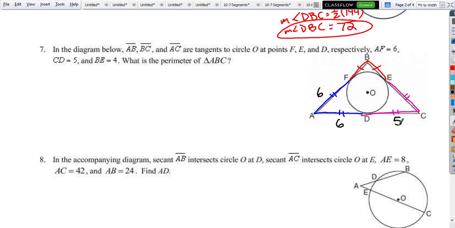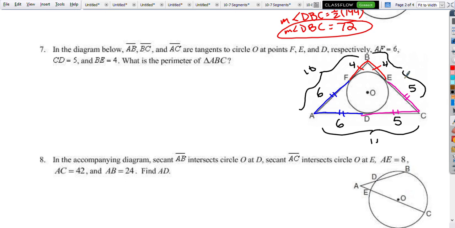CD is 5, so EC is 5, and BE is 4, so BF is 4. Perimeter, so we just add the sides, so 11, 10, and 9, so perimeter, 11 plus 10 plus 9, which is 30.